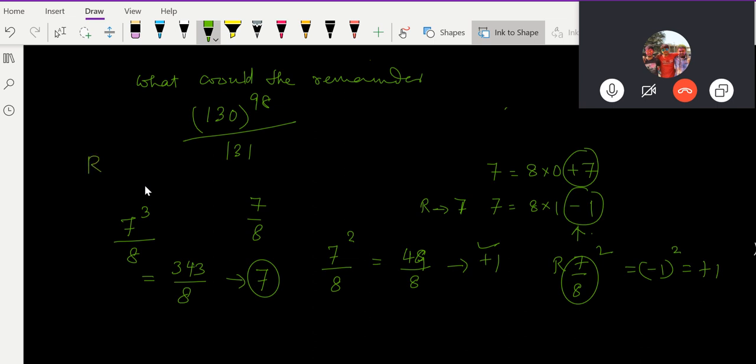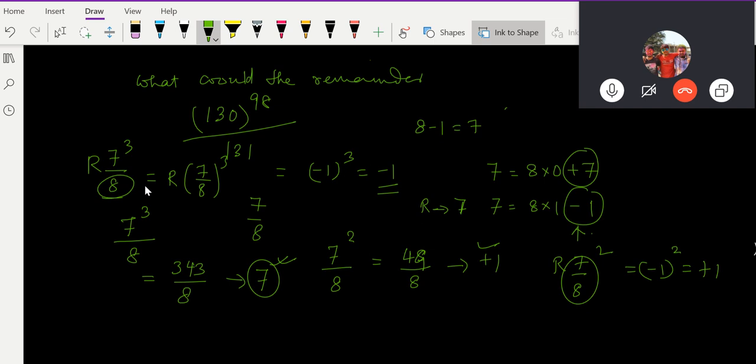Remainder of 7 cube by 8 is equal to remainder of 7 by 8, whole cube. 7 by 8 is minus 1. Minus 1 whole cube is minus 1. Whenever I have minus 1, I have to subtract it from the given number to rewrite it. So 8 minus 1 is equal to 7, the actual remainder.